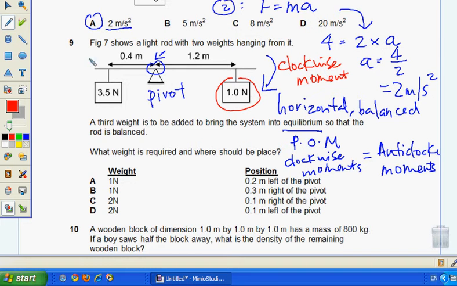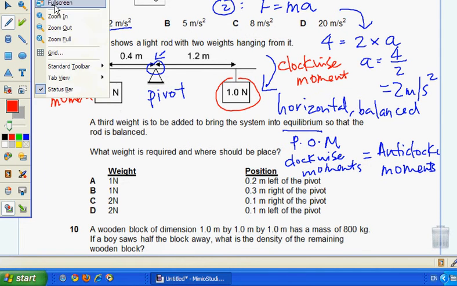Let's look at the left. There's a 3.5 Newton weight acting down, so it will turn about this pivot. When it turns, it gives me my anti-clockwise moment, which is turning in this direction.